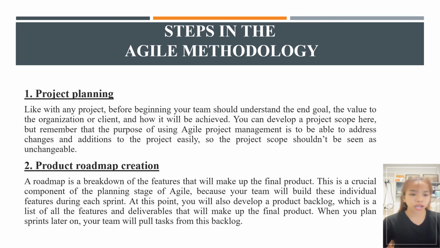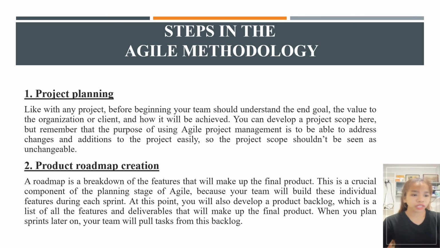Number two, product roadmap creation. A roadmap is a breakdown of the features that will make up the final product. This is a crucial component of the planning stage of Agile because your team will build these individual features during each sprint.